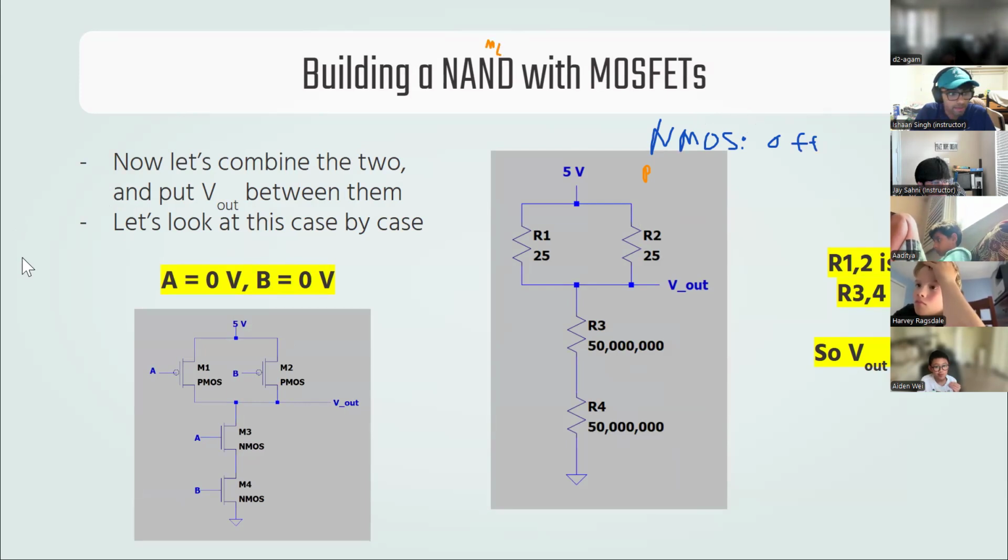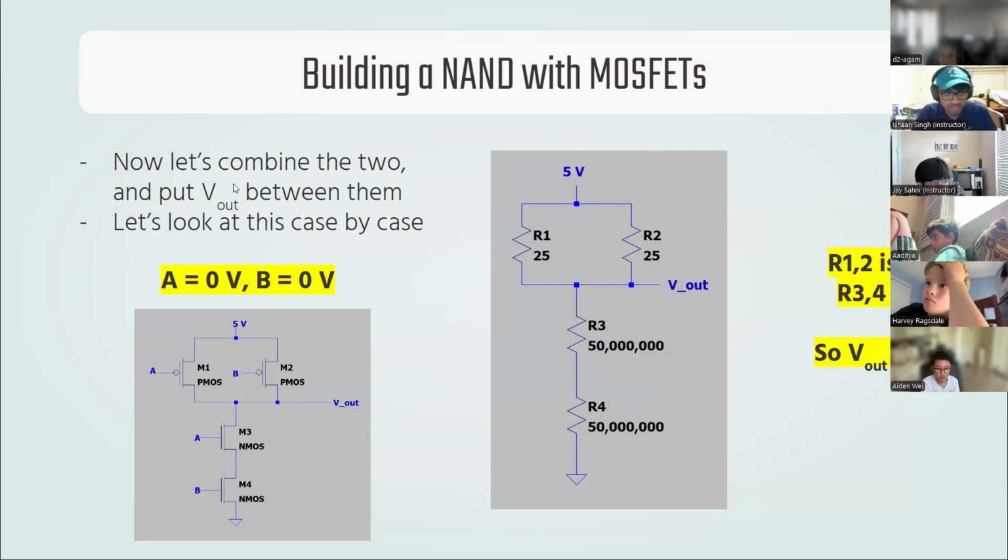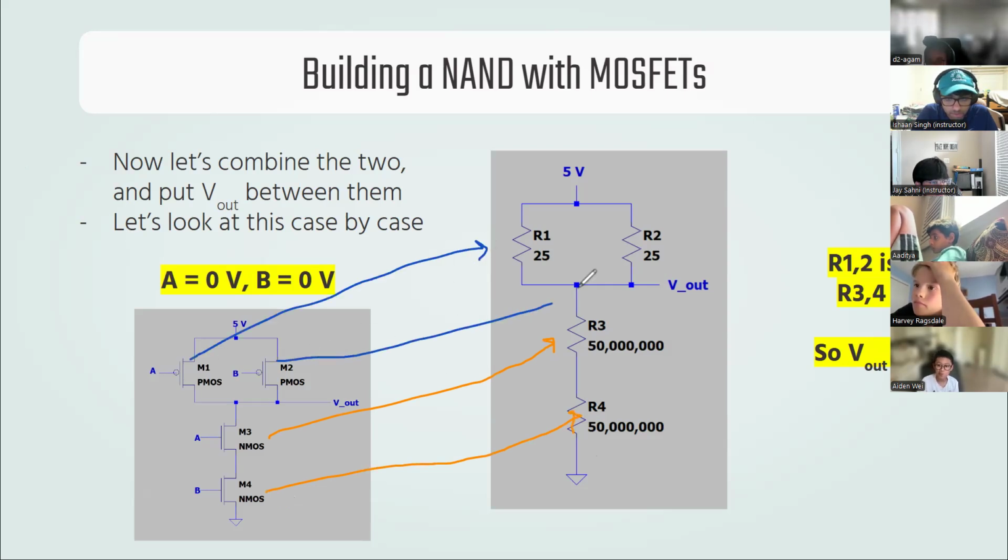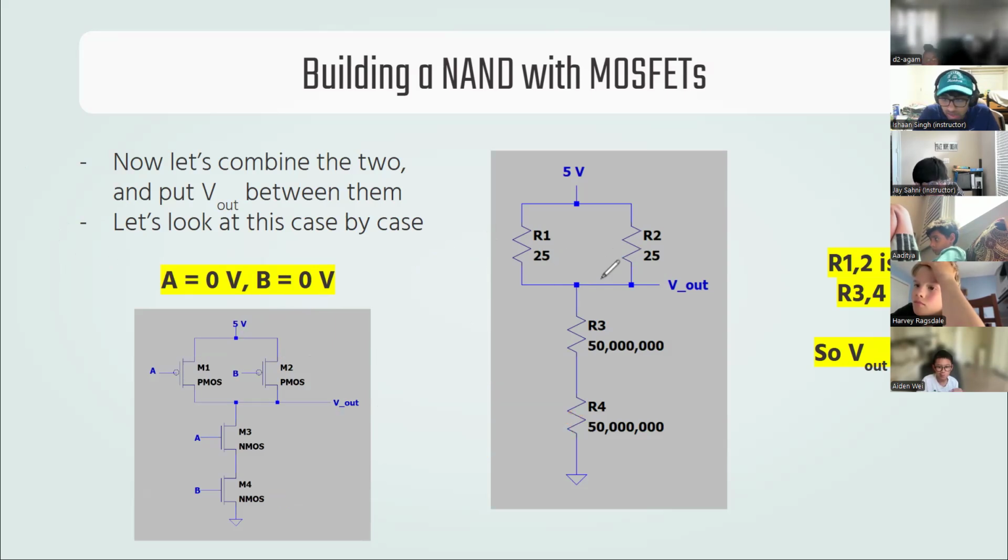On, exactly, okay? If an NMOS transistor is off, or if a transistor in general is off, it has a big resistance. So that's why those two are big. The PMOSs are on, so they'll have a small resistance, which is why these two are small, okay? So in this configuration, can we see why Vout is very large?